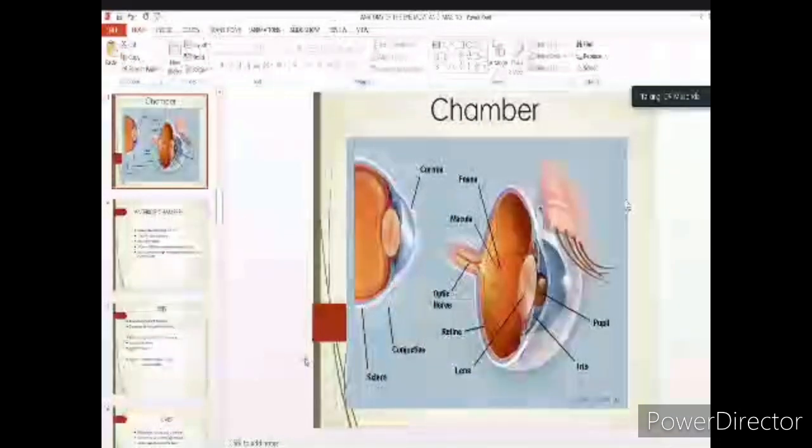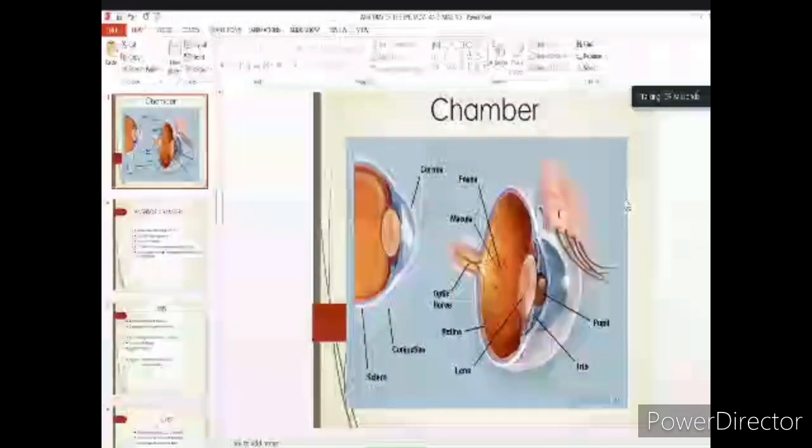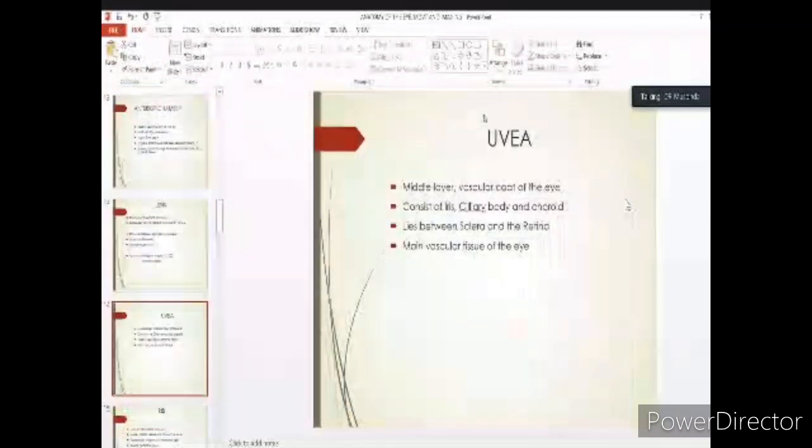So when we talk about uvea, we are talking about three structures: the iris in front, the ciliary body, and the choroid. So it's the middle layer of the vascular coat of the eye. It lies between the sclera and the retina, and it's the main vascular tissue of the eye.